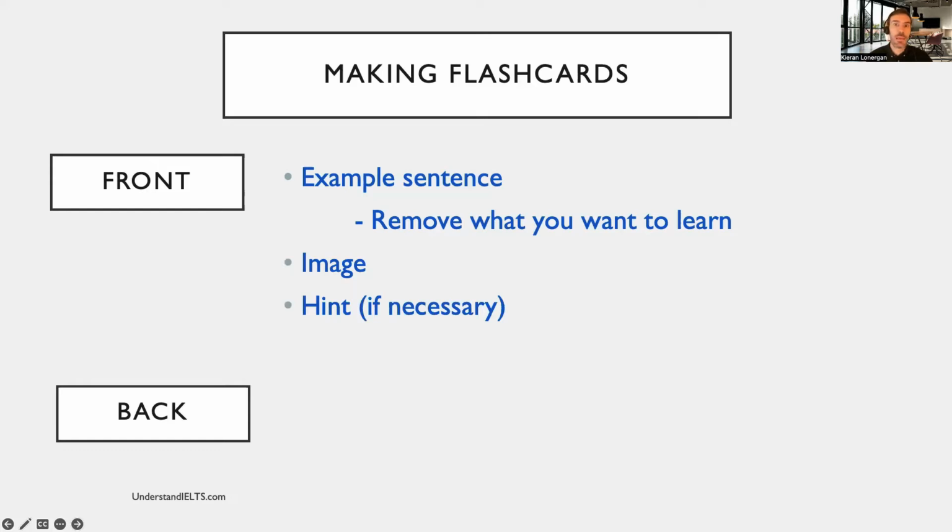And maybe you will need to give yourself a hint to help you get the correct answer. And on the back, we have the answer. I know that probably doesn't make much sense now, but it will become clear in the next few minutes when I give you examples of what that all means.